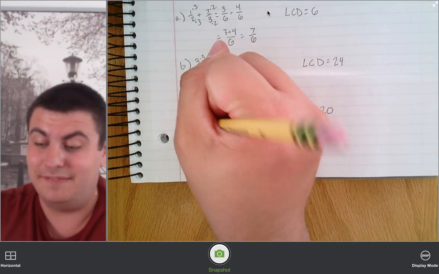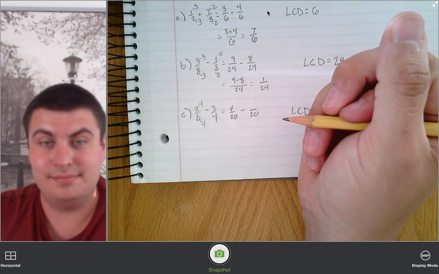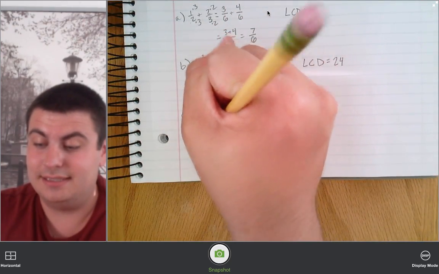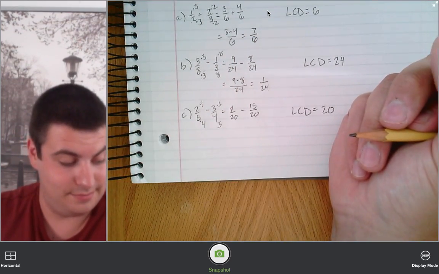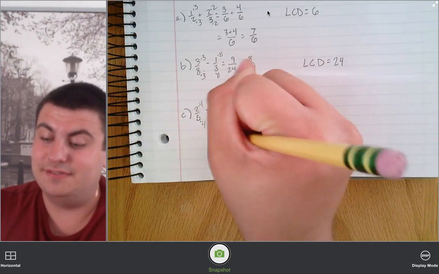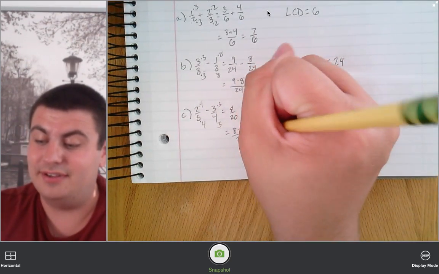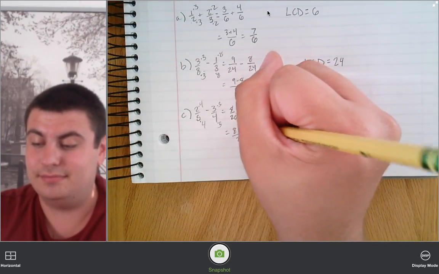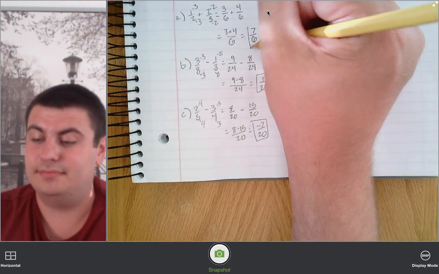We're going to multiply each by 4. So that's going to be 8 20ths. We're going to multiply each of these by 5, so minus 15 20ths. We're going to put it all over one denominator, so 8 minus 15 over 20. That's going to be negative 7 20ths as our final answer.